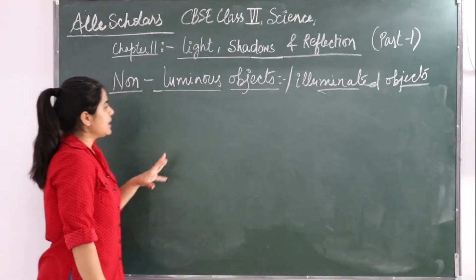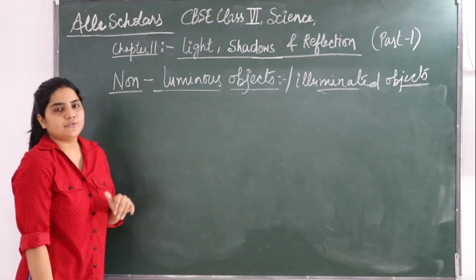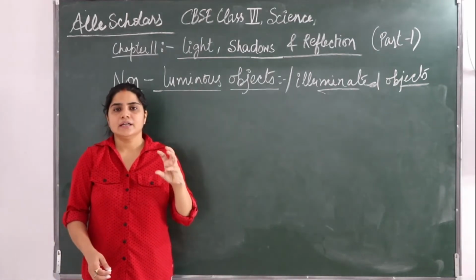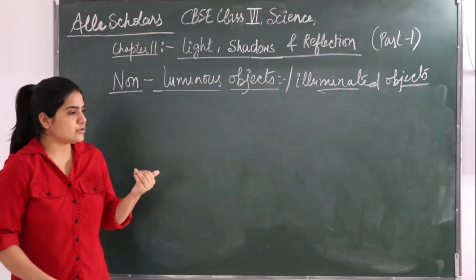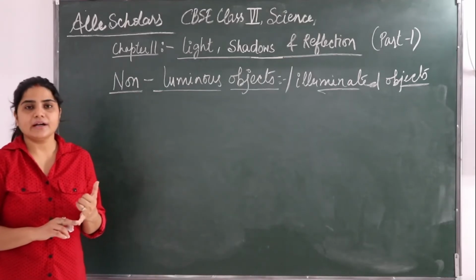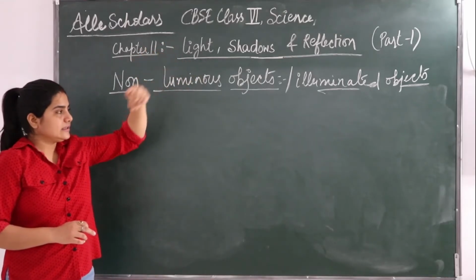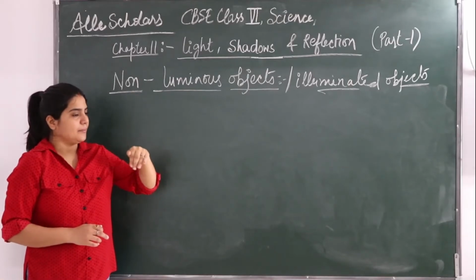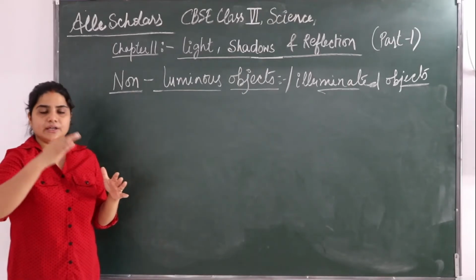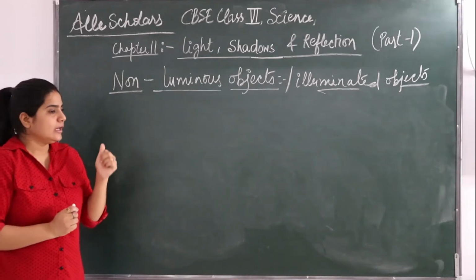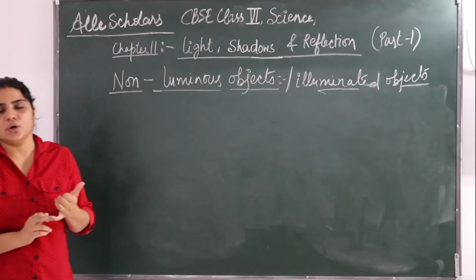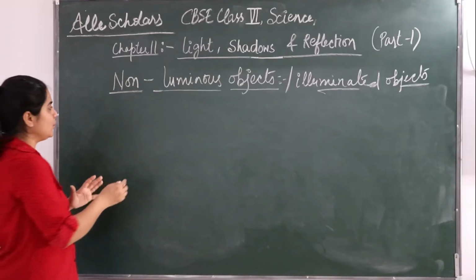These are the objects that do not have their own light. They cannot produce light on their own, but they reflect when some light falls on them. When light falls on them, they reflect, and they are called illuminated objects. So they do not have their own light.